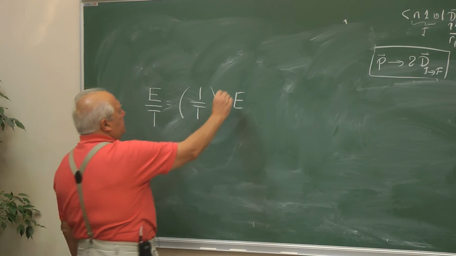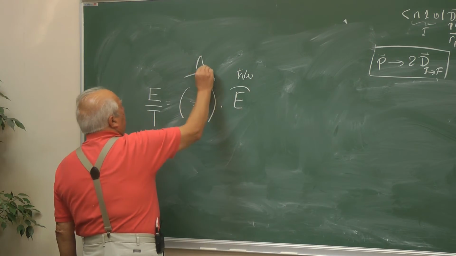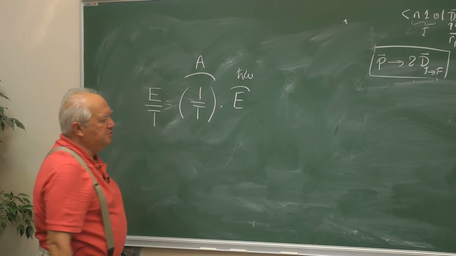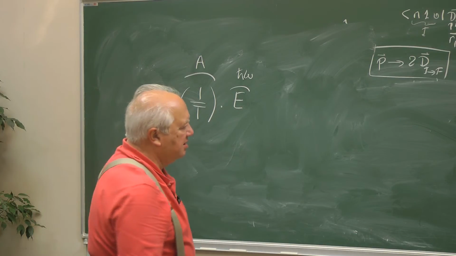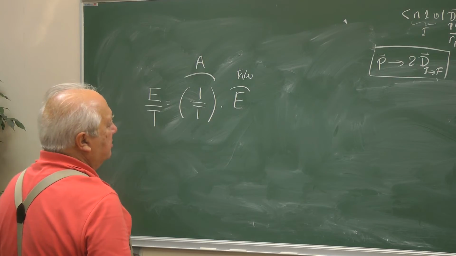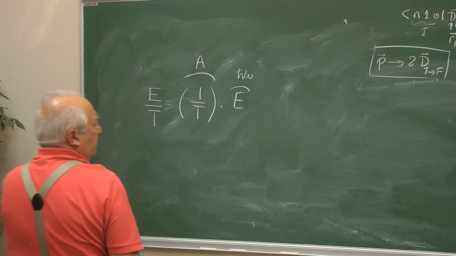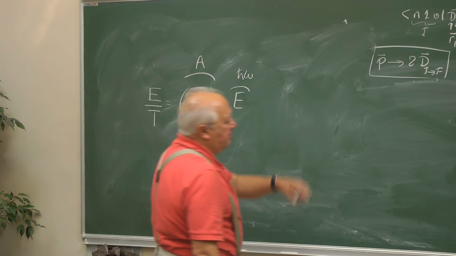So this is h bar omega, and this I will call A, the spontaneous transition rate from n to 1 in this case. Okay. And E of t is just what we found there.